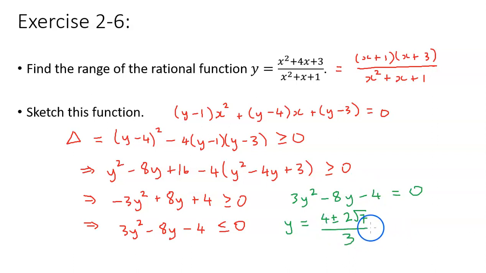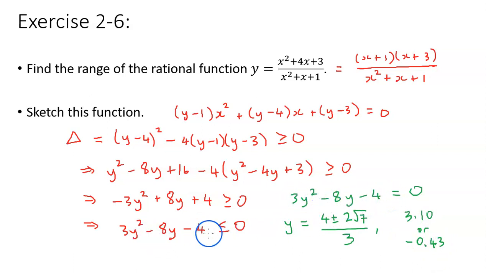And then just rounding it in decimal form to get an idea of where it is, that's going to be 3.10 to 3 significant figures, or negative 0.43 to 2 decimal places. So that's where this quadratic equals 0.